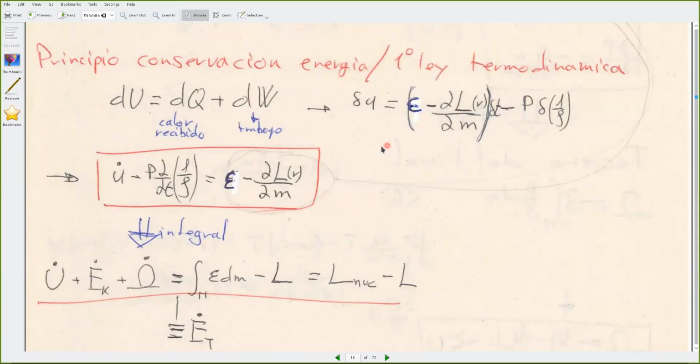First, like in thermodynamics, the change in the internal energy is equal to the change in the absorbed heat and the work done by the system.